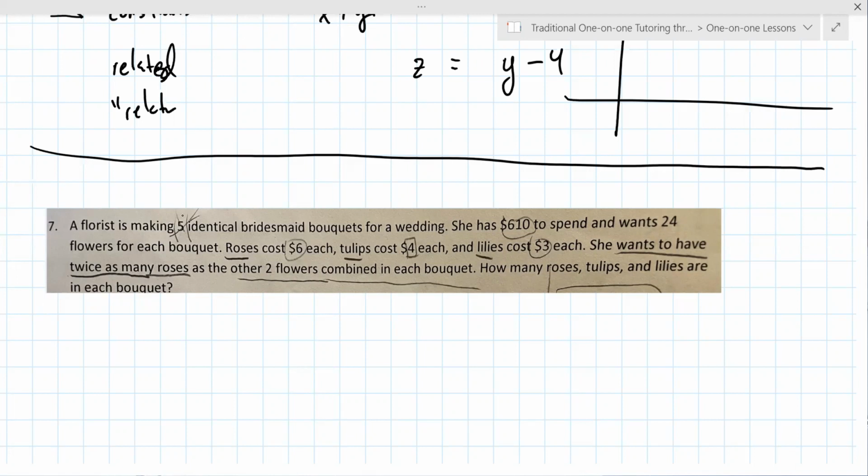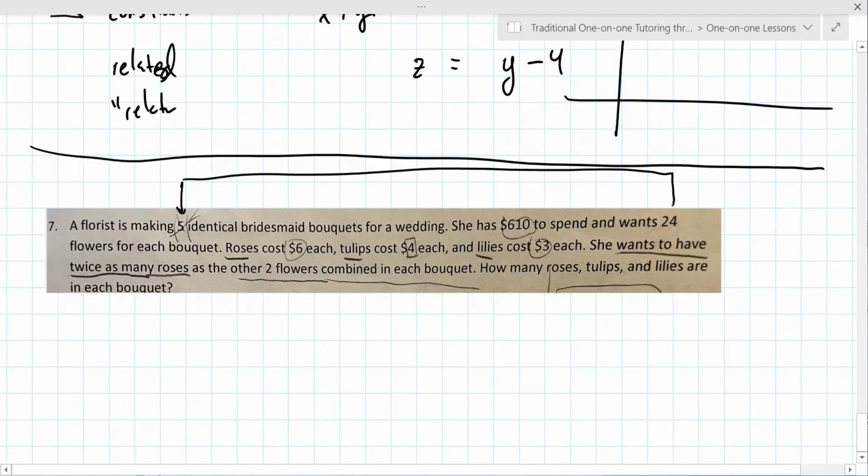So she's making 5 bouquets and she wants 24 flowers in each bouquet. The way I understand that is, let's say roses is R, all the roses plus all the tulips plus all the lilies is 5 times 24.